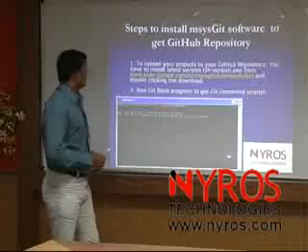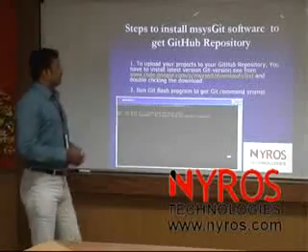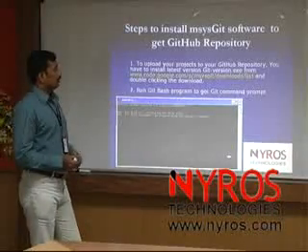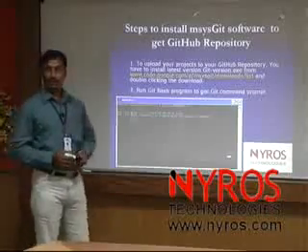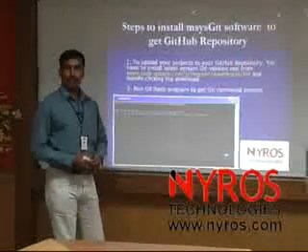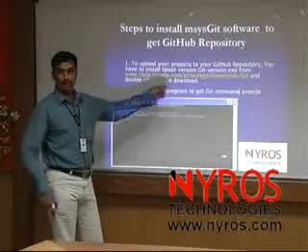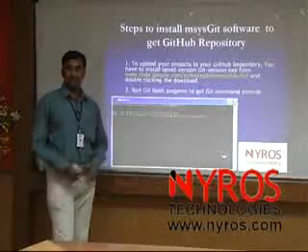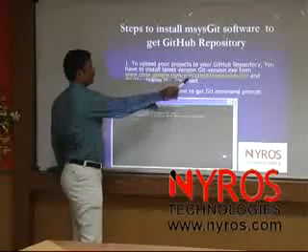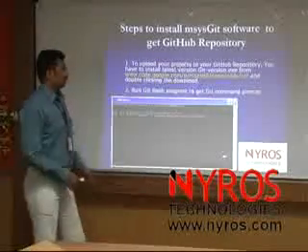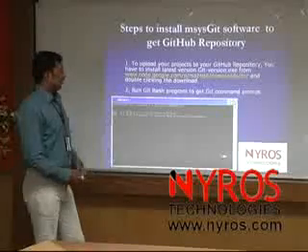Next, coming to installation of the software to get a GitHub repository. To export our projects to GitHub, we have to install one piece of software, because Git is a software tool. We download it from the specified URL and run the Git Bash program.